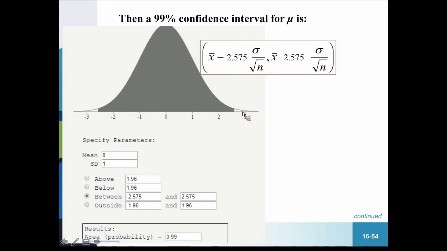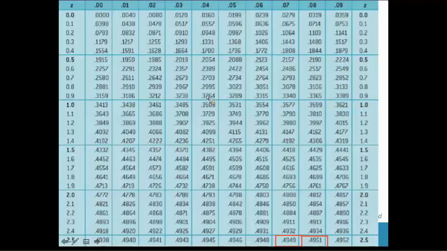Finally, 99%. 99% would leave 0.5% at this end, 0.5% at this end, and what area would that be? Sorry, we're looking for an area of 49 and a half percent. 50% minus that half a percent, 0.495 is the area we're looking for.